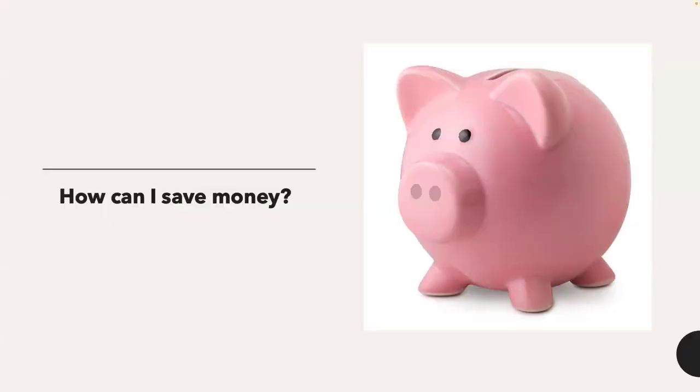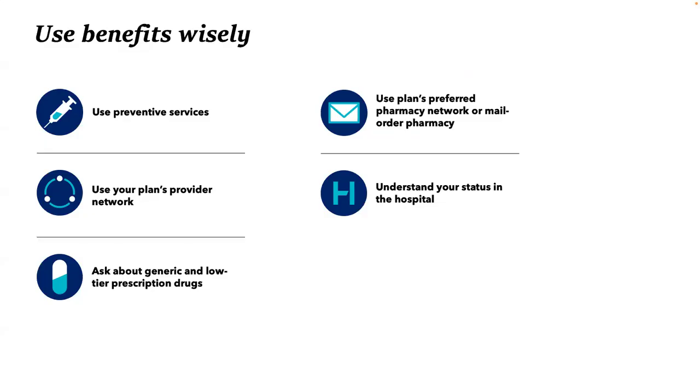How can you save money on Medicare? By far, the easiest way to save money is using your preventive services. For a full list of preventive services, navigate to www.medicare.gov. In 2010, the Affordable Care Act put in place a large list of medical services and tests that it considered to be preventive.